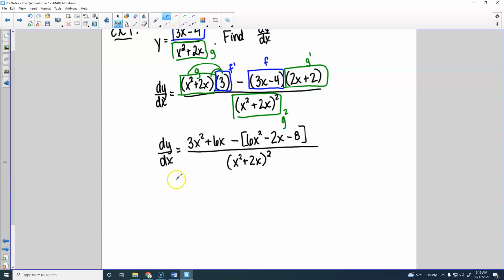All right, and then we're going to have 3x squared plus 6x minus 6x squared plus 2x plus 8 over (x squared plus 2x) squared.